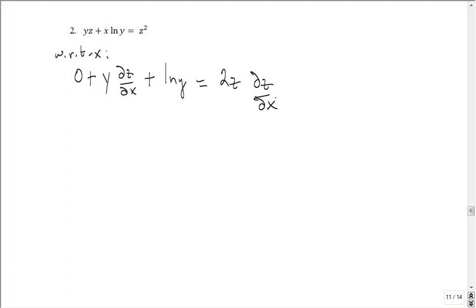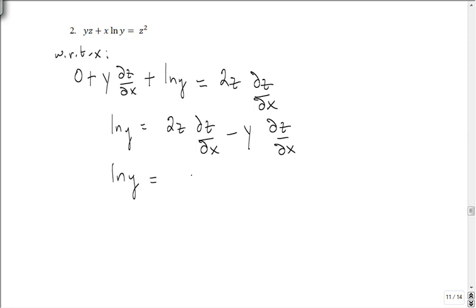Okay? Now we need to solve here. So we have natural log of y on this side, and then we're going to have 2z partial z with respect to x minus y partial z with respect to x. Factor it out.